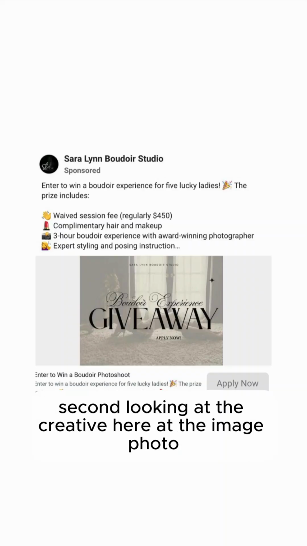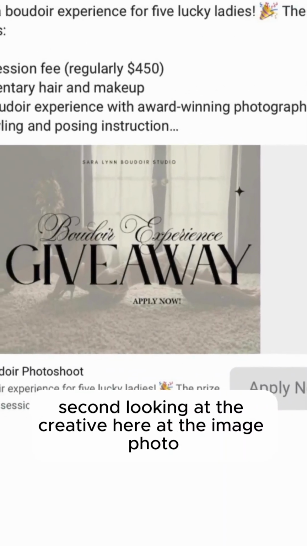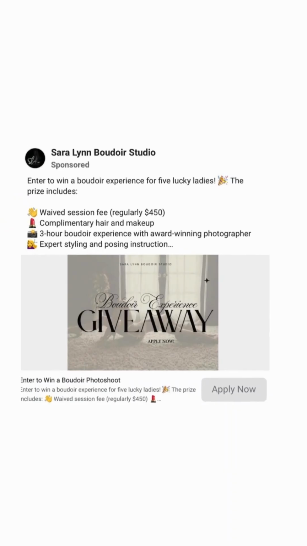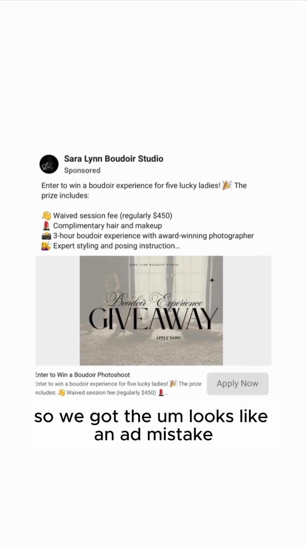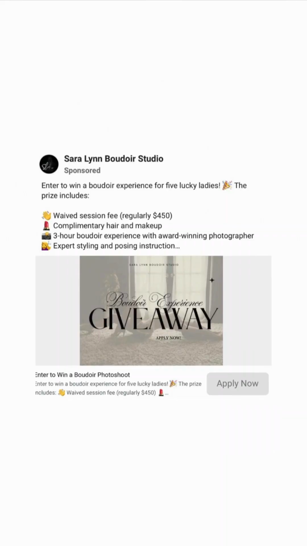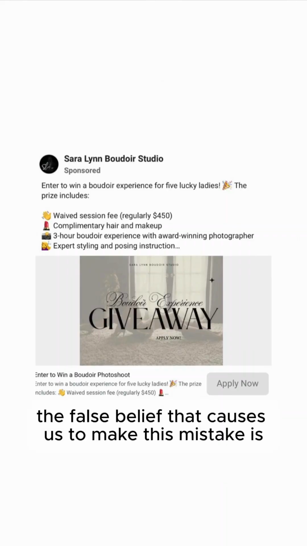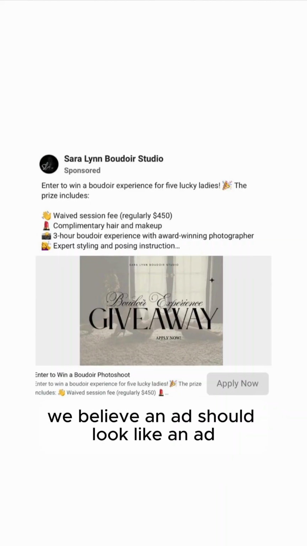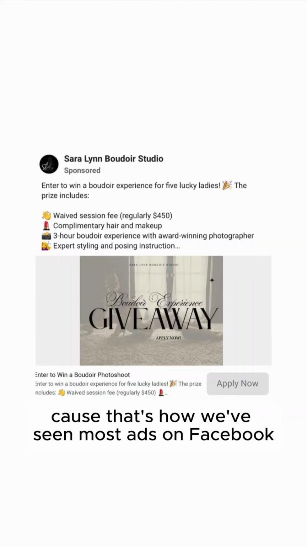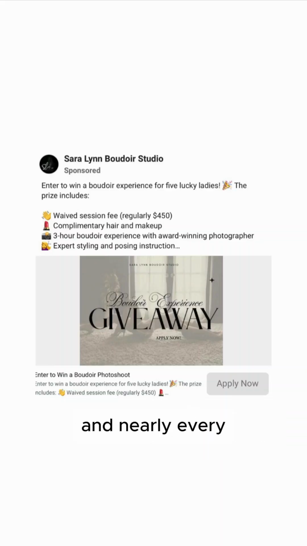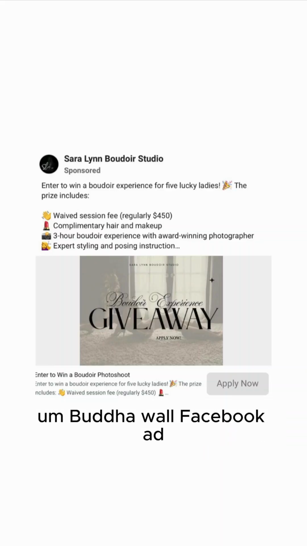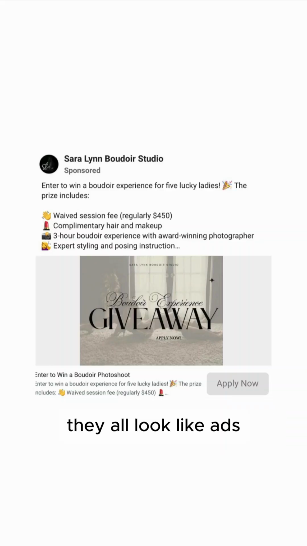All right, second, looking at the creative here, looking at the image photo. So we got the looks like an ad mistake. The false belief that caused us to make this mistake is we believe an ad should look like an ad, because that's how we've seen most ads on Facebook and nearly every boudoir Facebook ad. They all look like ads.